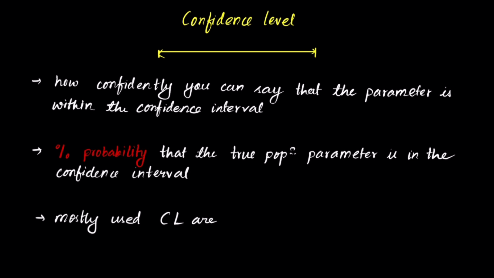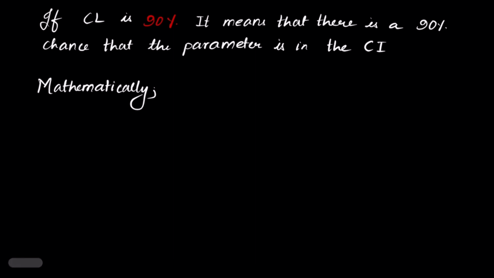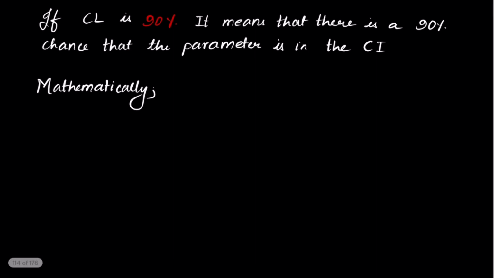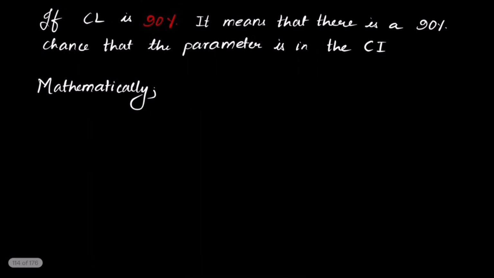Mostly used confidence levels are 90%, 95%, and 99%. For example, if a surveyor says that the surveyor is 90% confident, then the confidence level is 90%. If the surveyor says that his confidence level is 90%, it means that he is 90% confident, or there is a 90% chance that the true population parameter, that is the true mean weight of the population, is present within the confidence interval.